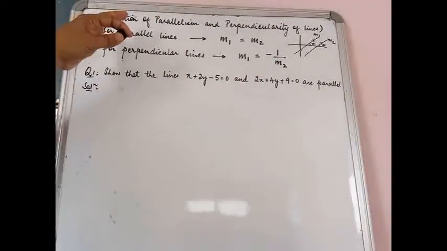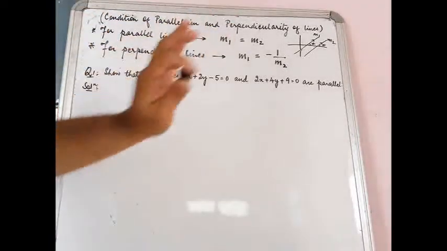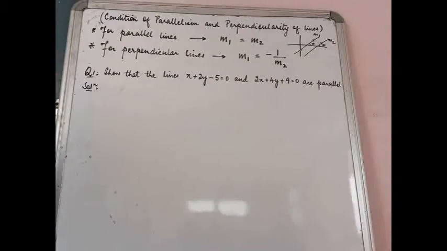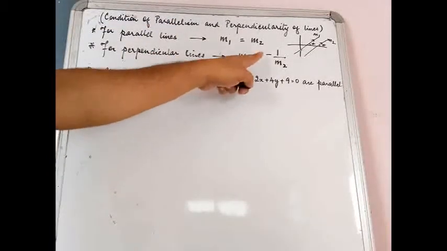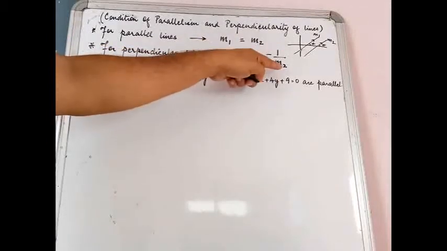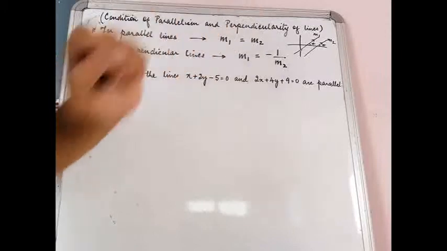Okay, so now onwards you will always remember, for parallel lines the slopes are equal or same. Similarly, for perpendicular lines the condition is m1 will be reciprocal of the other slope, which is m2, with a change of sign.